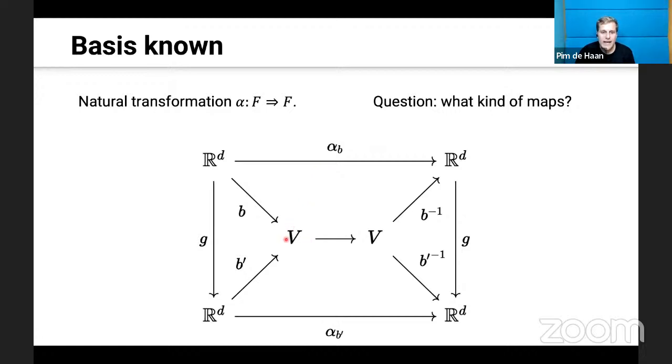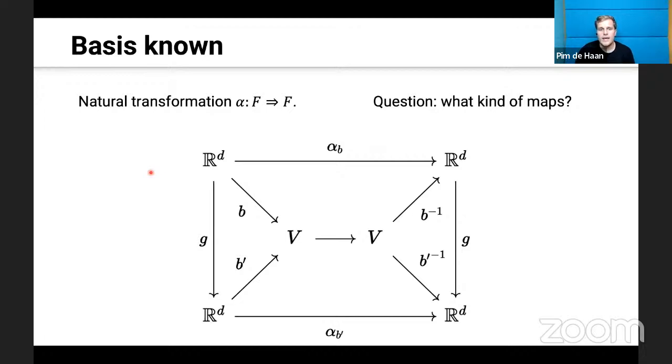If we have any matrix between these abstract vector spaces V, then we can express it in a basis, giving a matrix from R^D to R^D, and in a different basis, we just get the matrix expressed in that different basis. But we can freely pick the one matrix, and then naturality says that in each different basis, it must be expressed with the corresponding basis transformation.